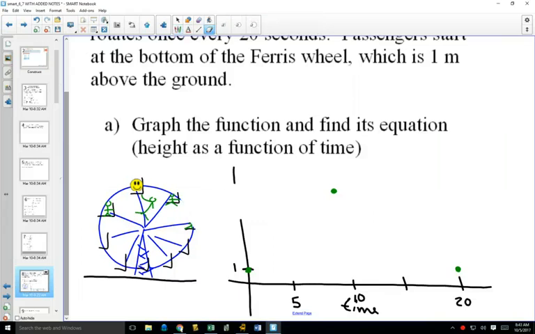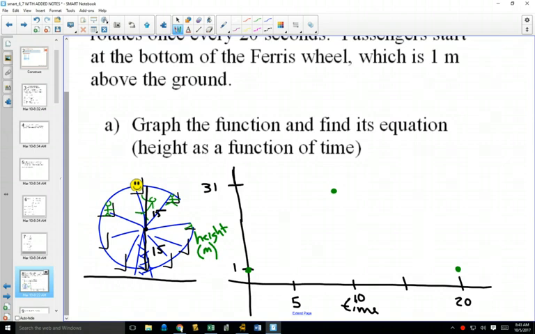It'll be at 31. How do we know it's going to be at 31? Because the radius is 15, which means the diameter is 30, and the 1 meter off. Yes, so the radius is 15, so that means this is 15 to the center, and there'll be another 15 up to the top. So at 10 seconds, you're going to be 31 meters above the ground.